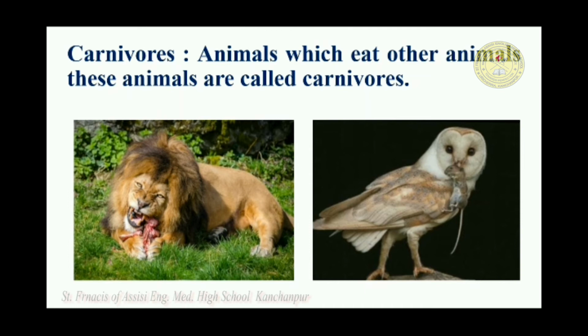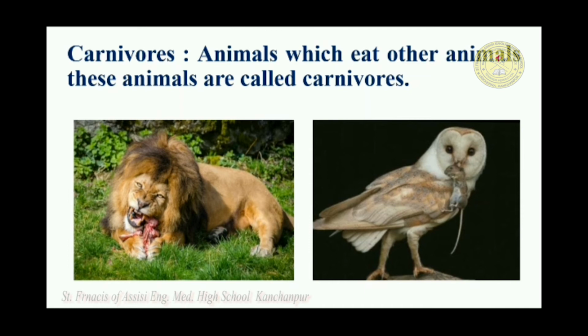Another example is snakes. Snakes survive by biting living creatures. But a snake cannot chew because it does not have chewing teeth, so snakes can only swallow their food.